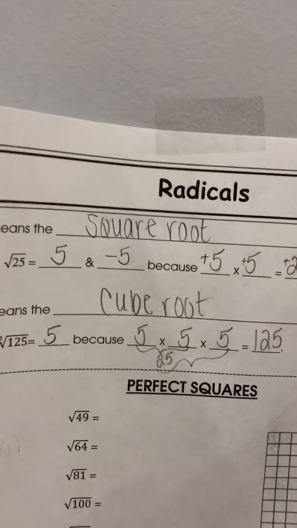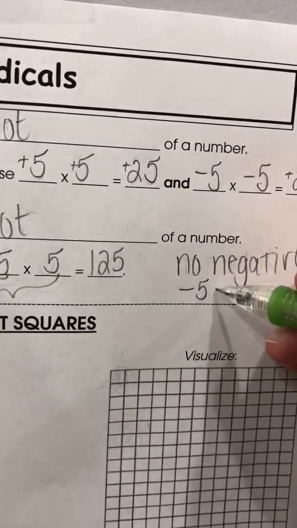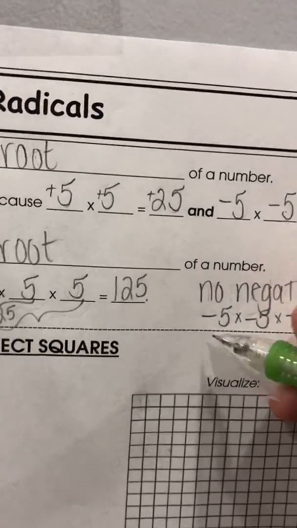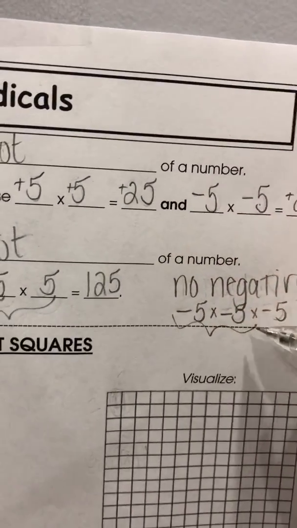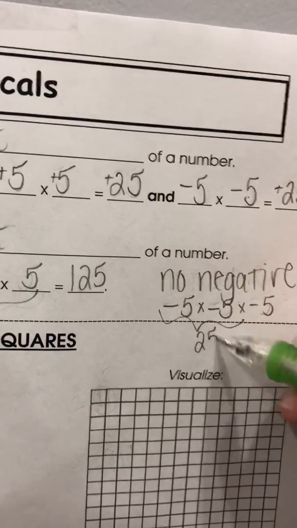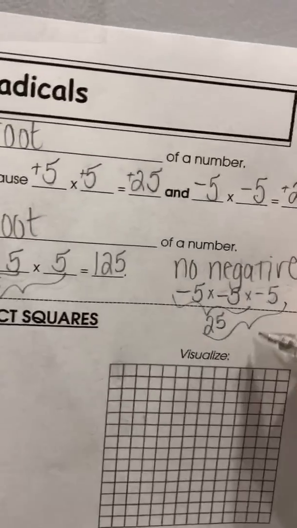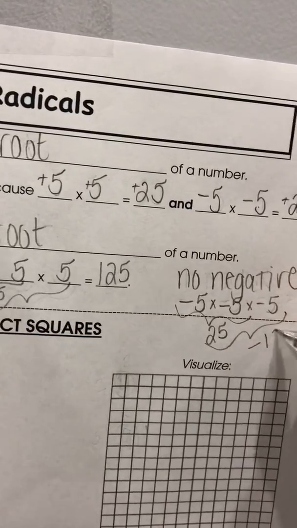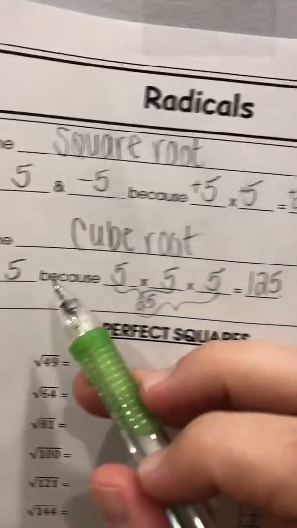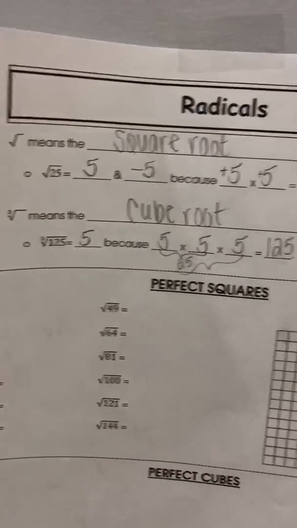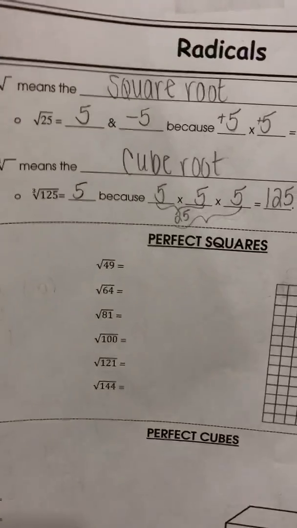Well, if we have negative 5 as our answer, negative 5 times negative 5 times negative 5, well, a negative 5 times a negative 5 does give me positive 25. But then what happens when I multiply by another negative? My answer is going to be negative 125, which is not what is originally under the radical here. So we have one answer, it's positive 5, and that's it.